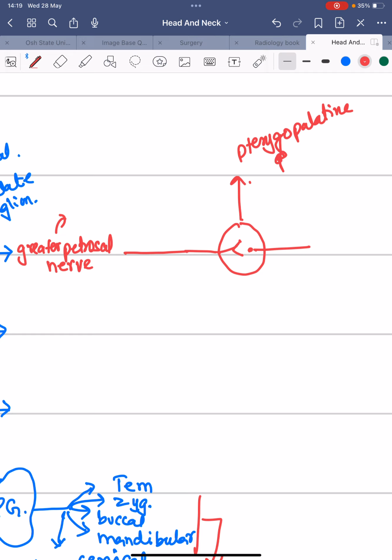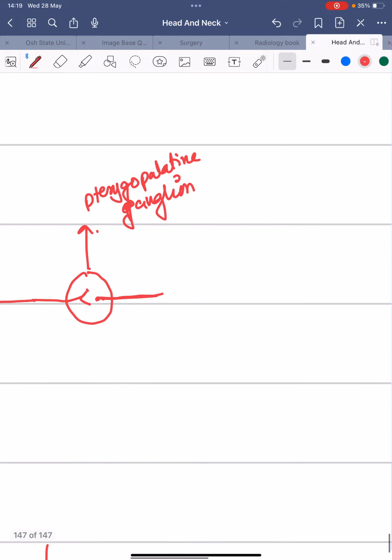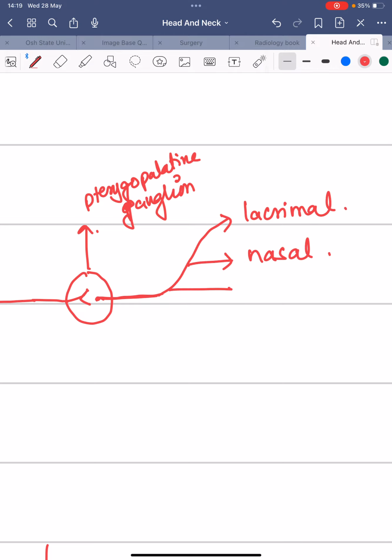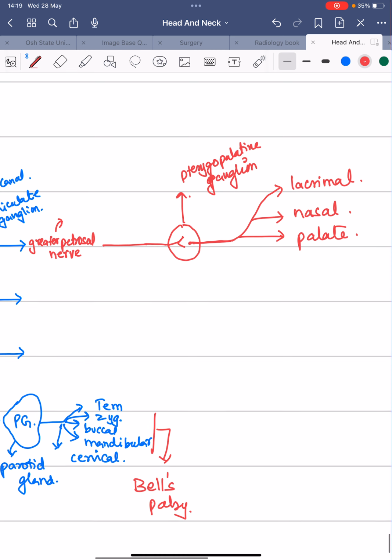Pterygopalatine ganglion. And now the nerve fibers from here are going to innervate the lacrimal gland, the nasal gland, and the palate glands also. Okay, so this is your pterygopalatine ganglion.